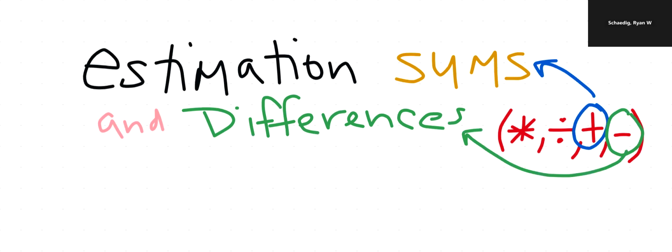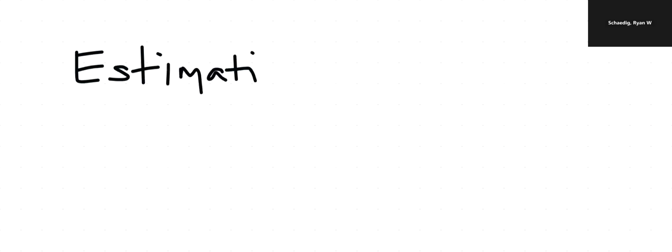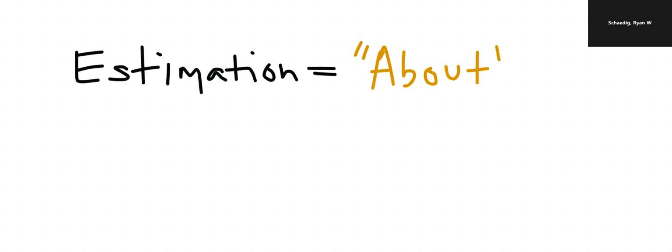Now, I got to go to another page just to talk about estimation because it's a really important skill. I think we overlook it and then we forget why it's so important. Estimation is the concept of getting an answer that is about or as close to the real answer as I might be able to get. People often ask, why don't we just get the answer?